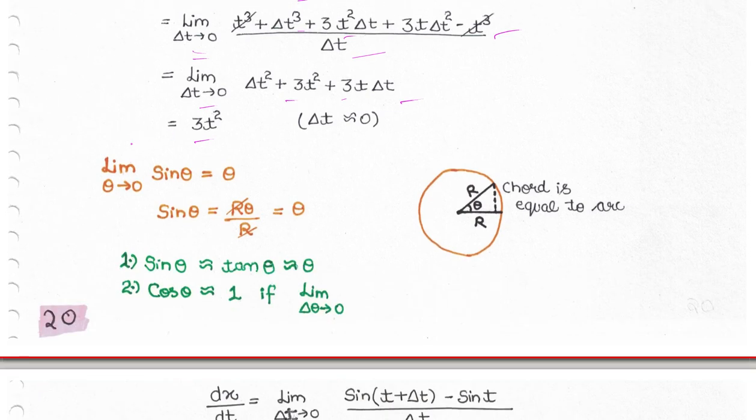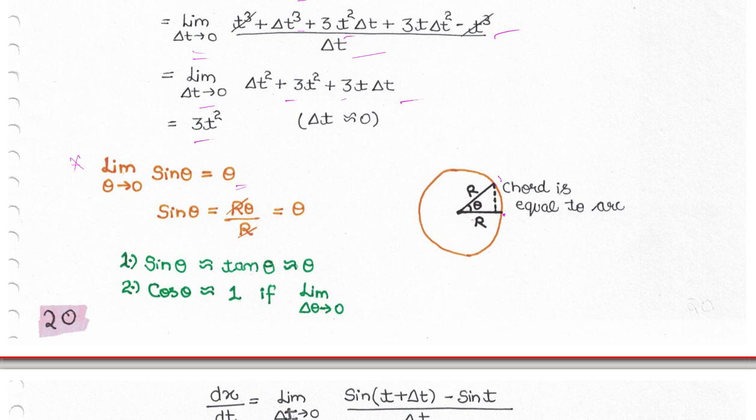Here we have some inputs. If theta tends to 0, sin theta will be only theta. From this figure we can write this. Here this is the radius of a circle, and this is position 1, this is position 2. The angle between position 1 and position 2 is theta.